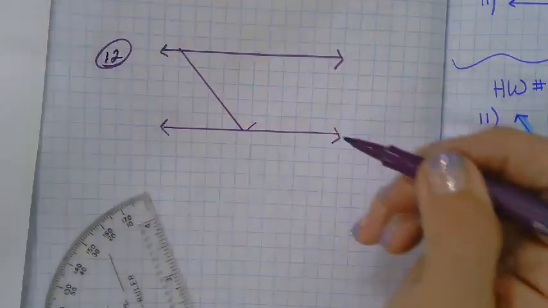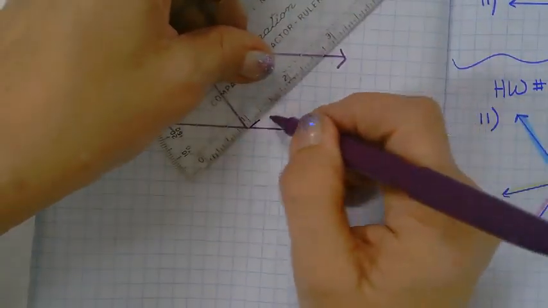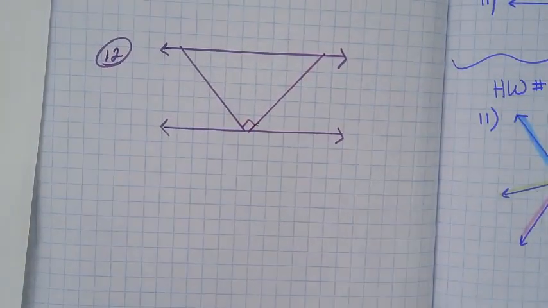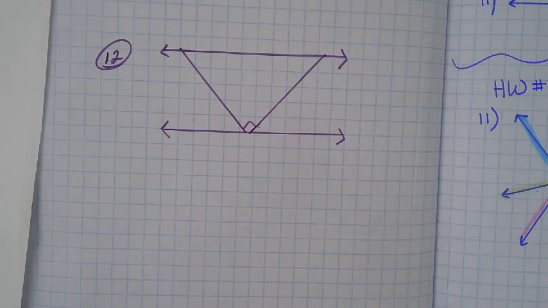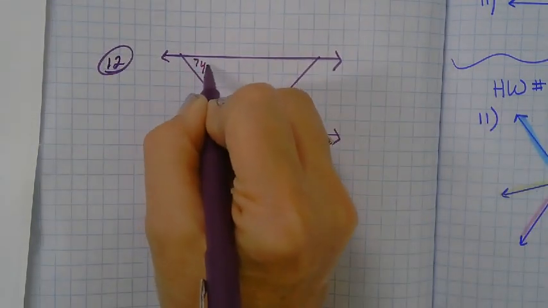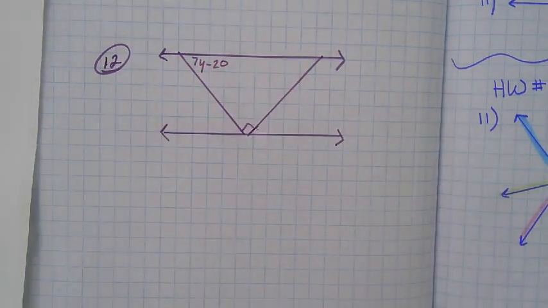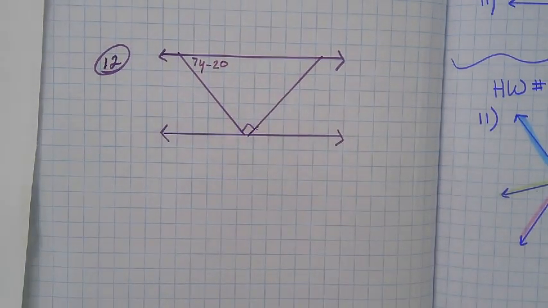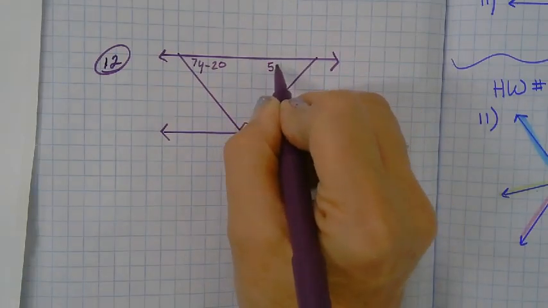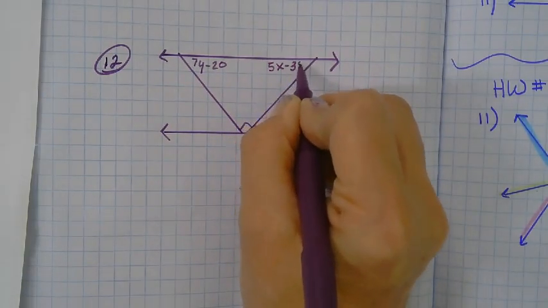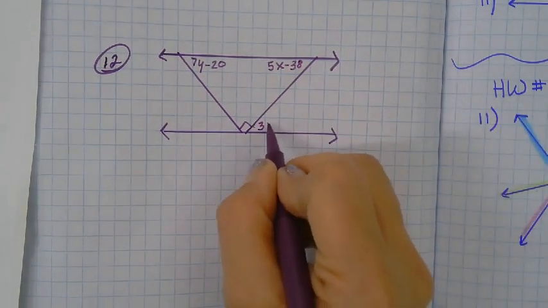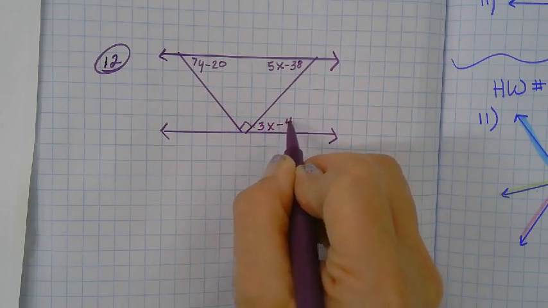I know it was a right angle because it had a little box in the corner. So we have one angle that's 7y minus 20, one that's 5x minus 38, and this one is 3x minus 4.